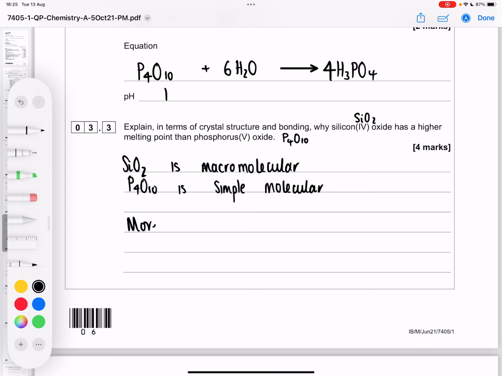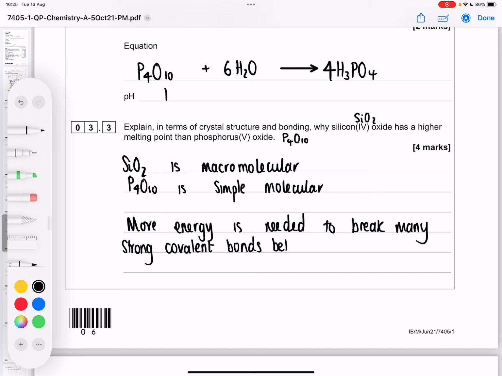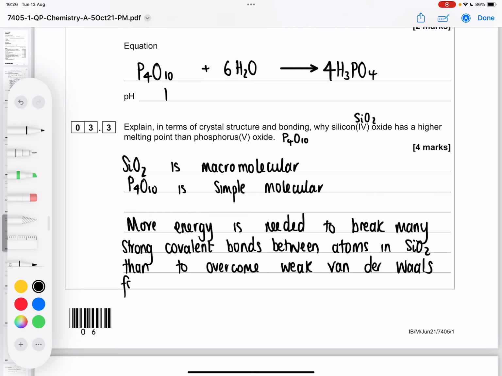So more energy is needed to break many strong covalent bonds between atoms in SiO2 than to overcome weak van der Waals forces between P4O10 molecules.